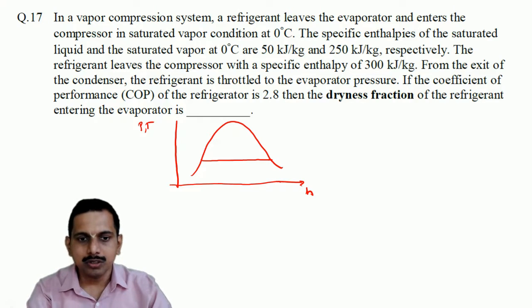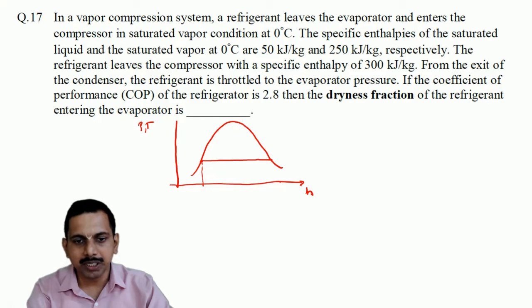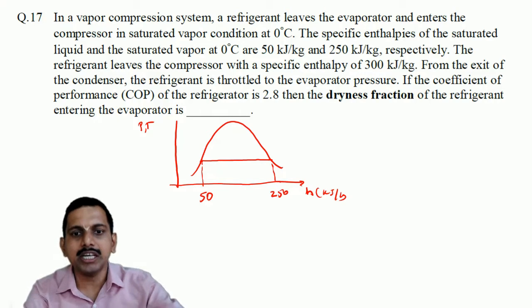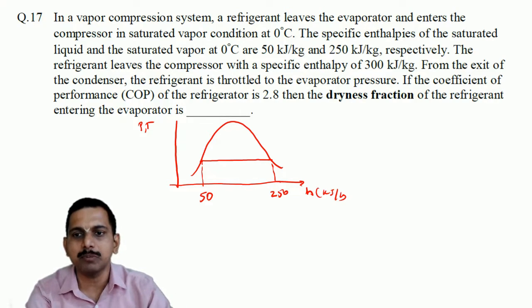Okay, so now here, if I say this is the saturated liquid state, here the enthalpy is 50 kilojoules per kg, and here it is given 250 kilojoules per kg, correct? So H in kilojoules per kg. Now the refrigerant leaves the compressor with a specific enthalpy of 300 kilojoules per kg.